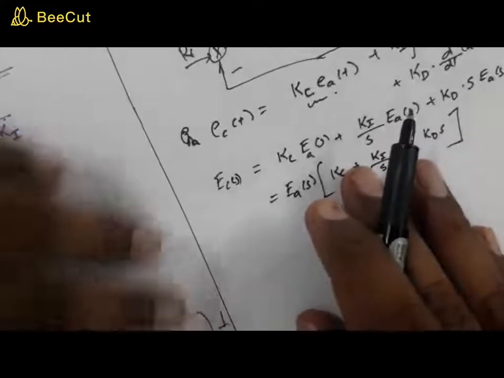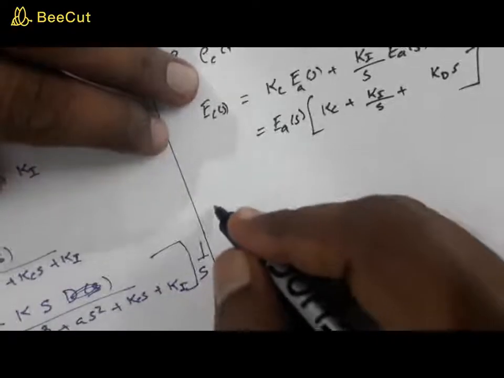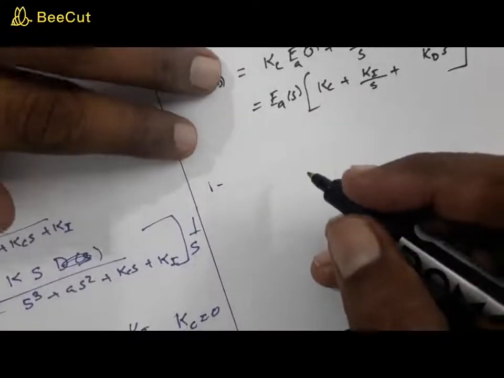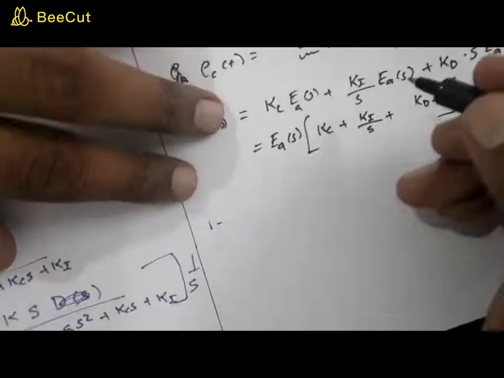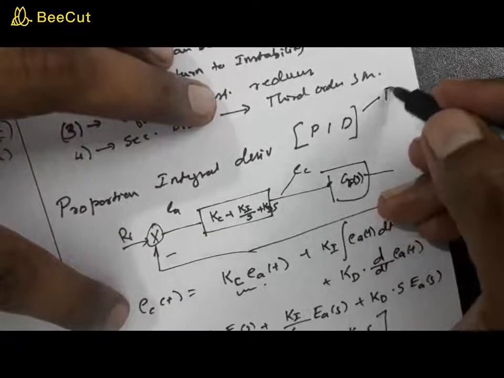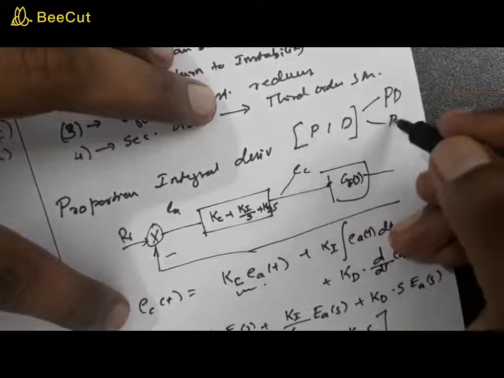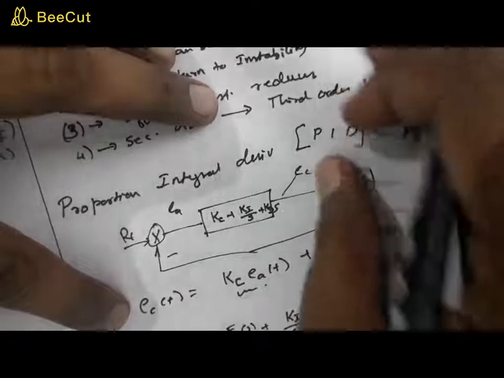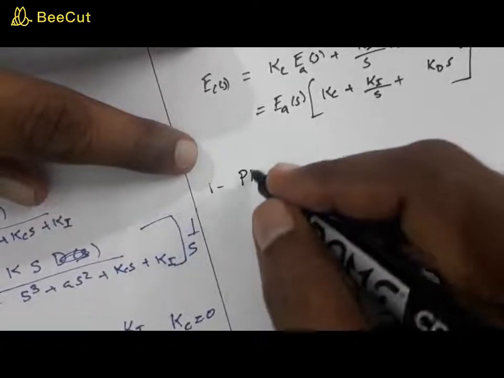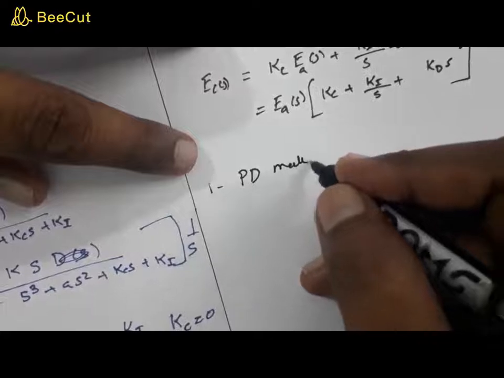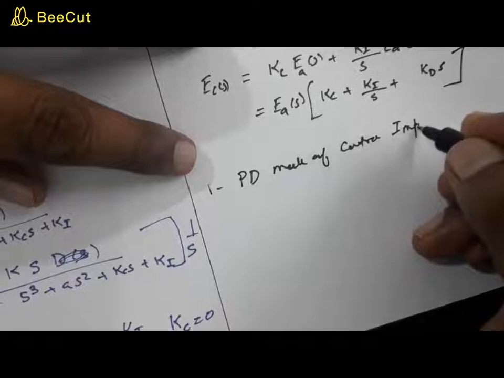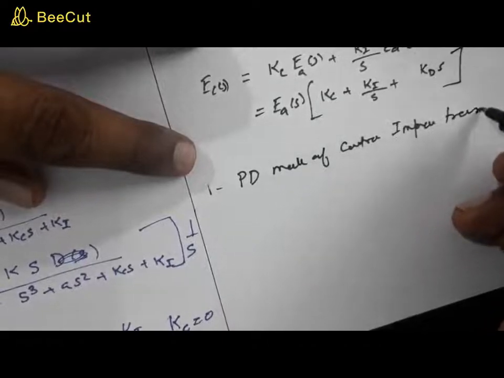So these are the three important ones. I'm going to summarize this. I'm not going into the details of the mathematical analysis. Since this type of controller is a combination, it will have a PD mode and a PI mode, that is, a proportional derivative mode and a proportional integral mode. The PD mode of control improves what? We have already seen that it improves the transient response.